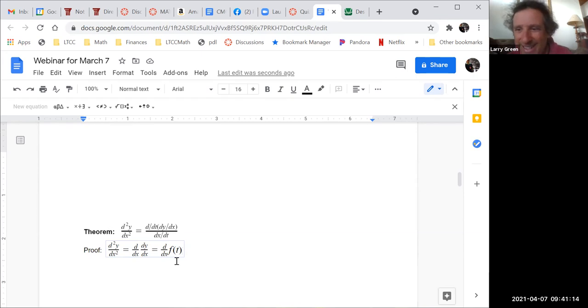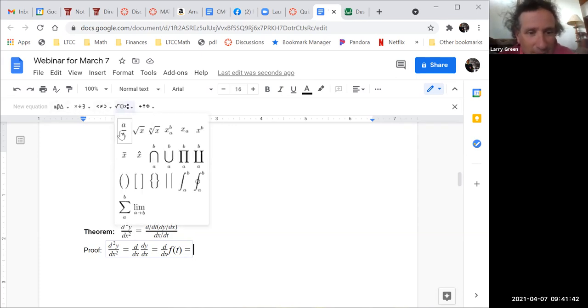Okay, so the idea here now is we can just use the chain rule, just like we did before. So we've really already done this. So that's df over dt, d over dt times df over dx. Okay, so let's write that out in fractions.